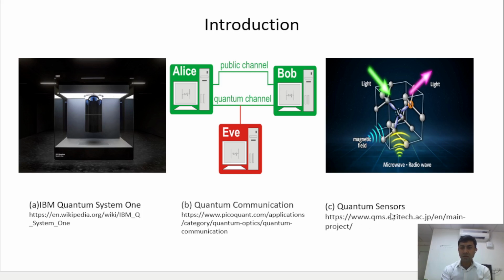And the next is quantum sensing, which is an advanced sensor technology. It detects changes in motion and electric and magnetic fields by collecting data at the atomic level. This sensing method also uses quantum mechanical effects.